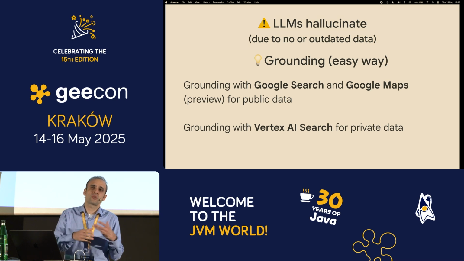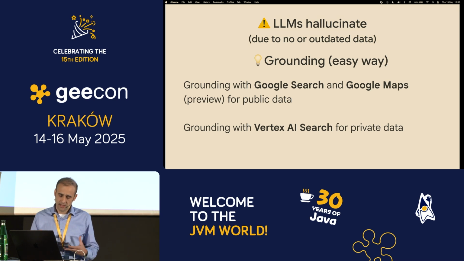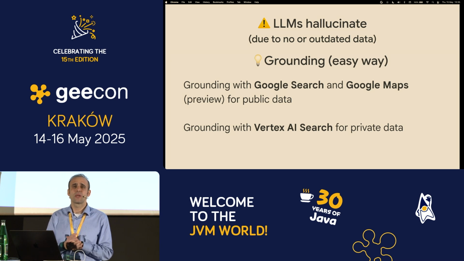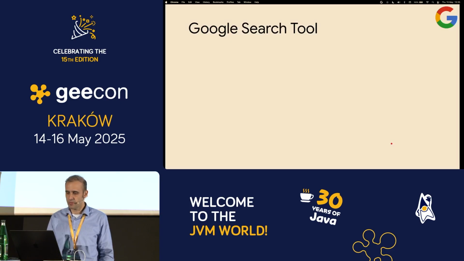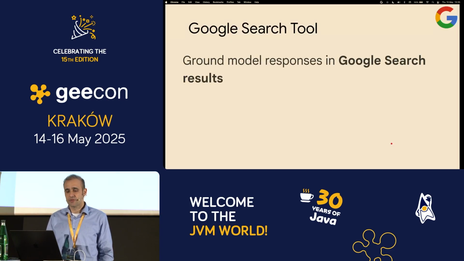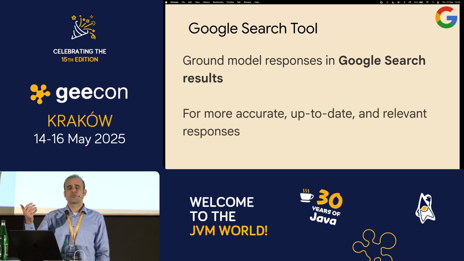Depending on which cloud or platform you're running, there are different ways of doing the same thing, basically. But if there's something like that, try to use it if it works for you. And I have examples of both that you can check in my repo. But the Google Search tool basically allows you to ground your model responses with Google Search results. So this gives you a couple of things.